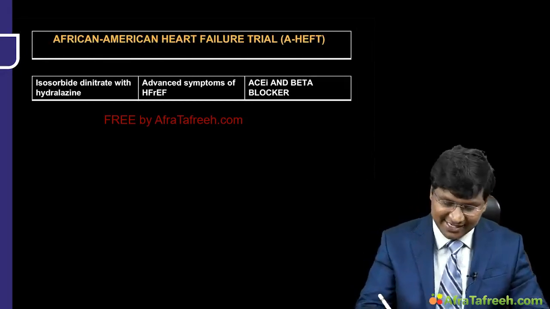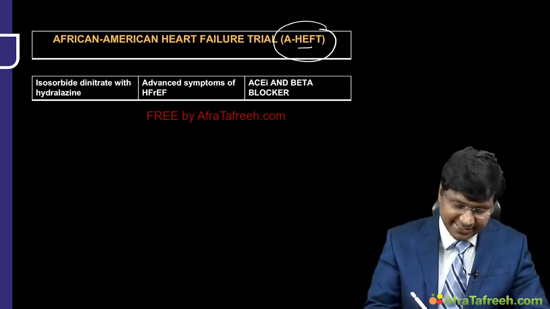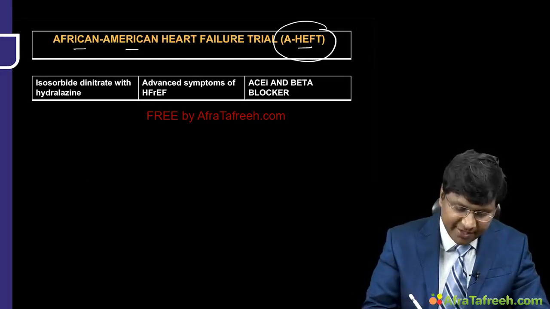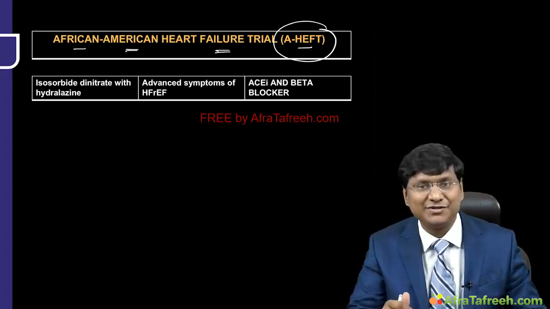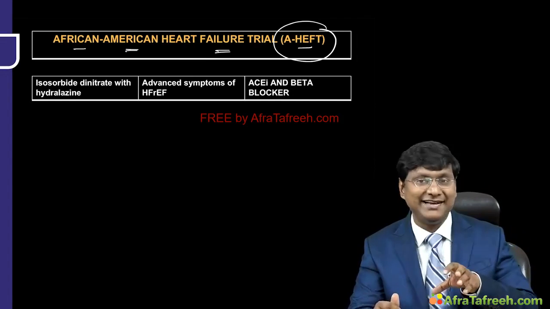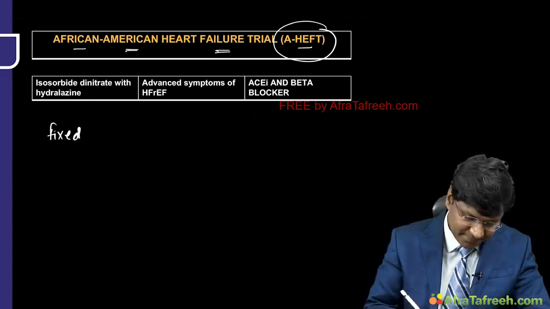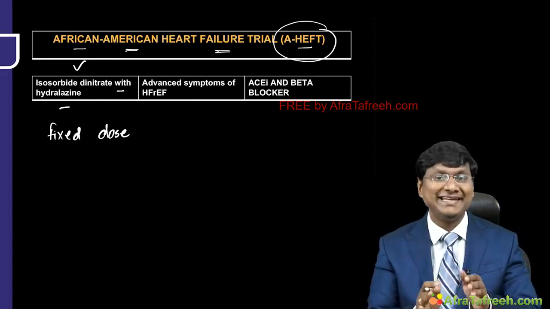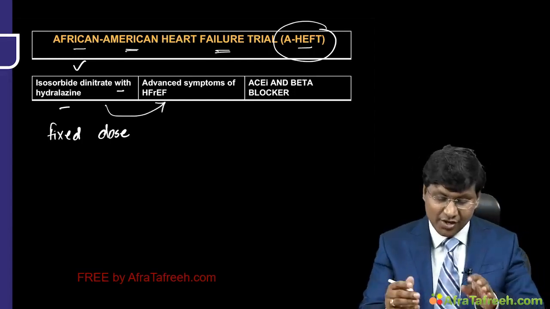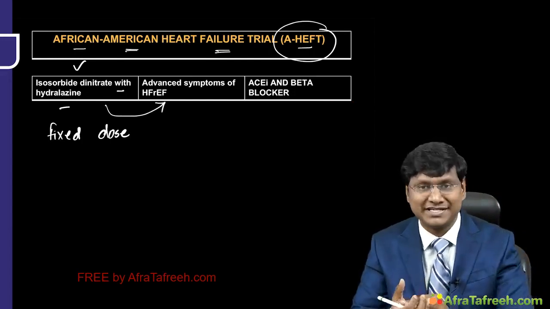So those trials are the AHEFT trial. What is this AHEFT trial? That stands for African American Heart Failure Trial. In this trial, a fixed dose of isosorbide dinitrate with hydralazine was given to patients in advanced stages of heart failure with reduced ejection fraction.